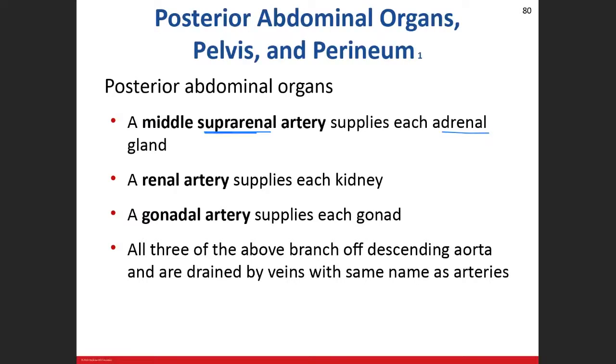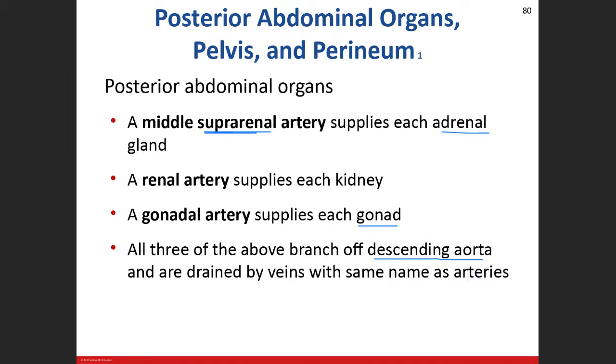The renal artery, obviously, I don't need to tell you what that's going to supply, the kidney. And then the gonadal artery is going to supply either the testicles or the ovaries, the gonads there. And the nice thing is that all of these arteries come off of the descending abdominal aorta. And then they will all be drained.